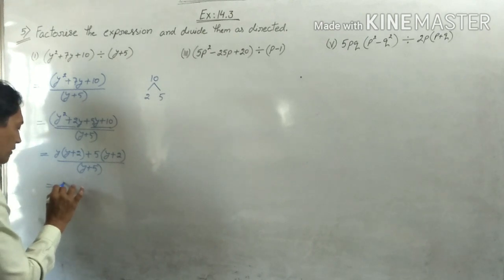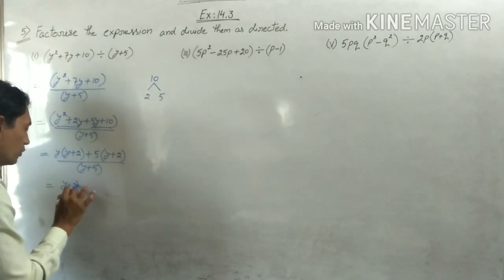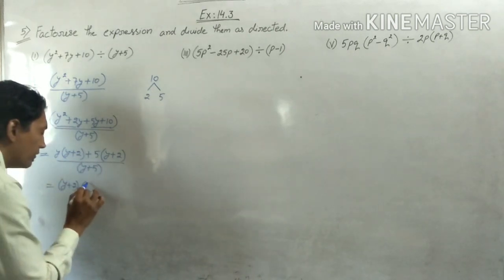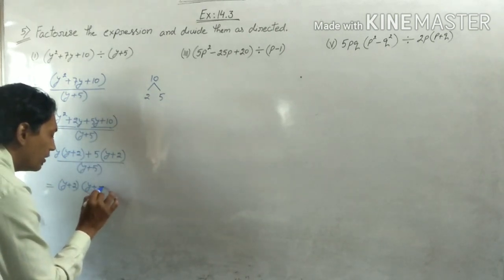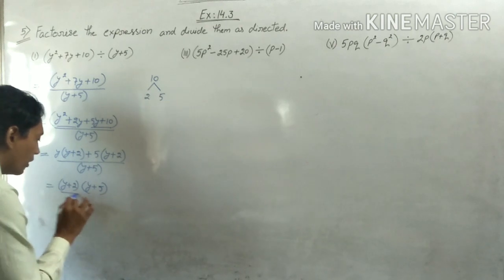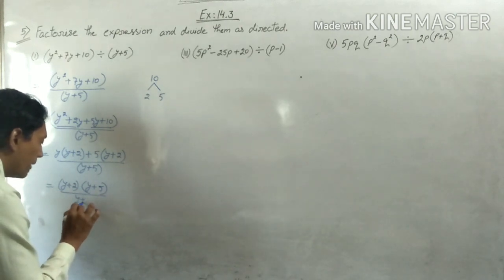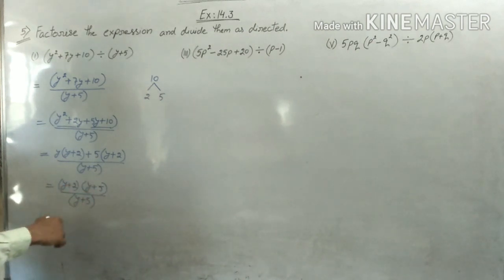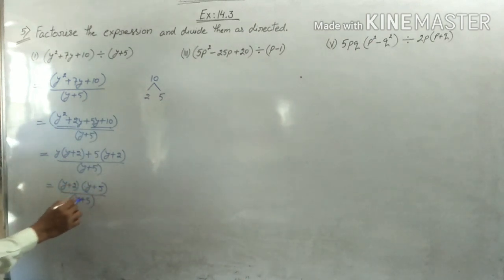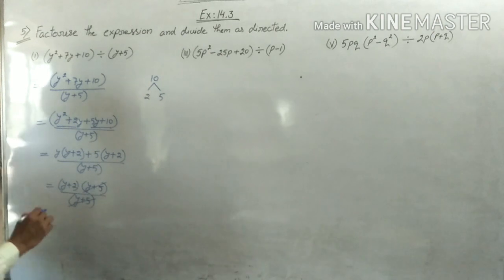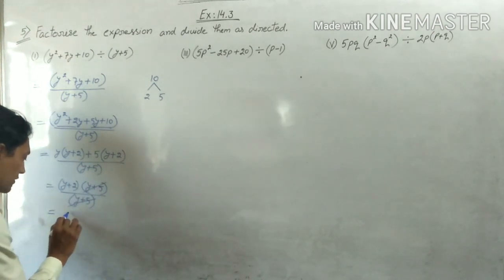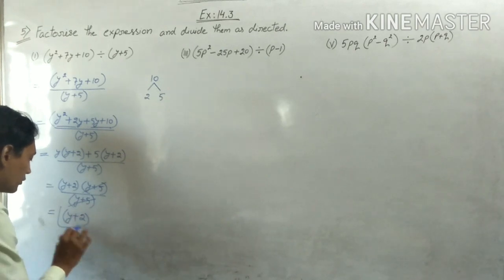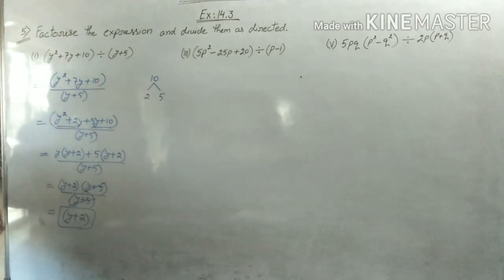Again, we will take it common. So y plus 2 as common and the rest of the thing, that is y plus 5, in a separate bracket. Whole thing divided by y plus 5. Now see students, you have a common factor in the numerator and denominator, that is y plus 5, both of which get cancelled and the final answer is y plus 2. So this is your final answer.